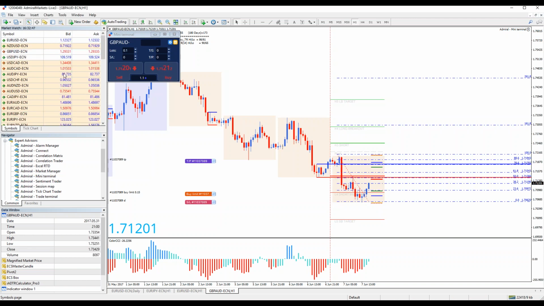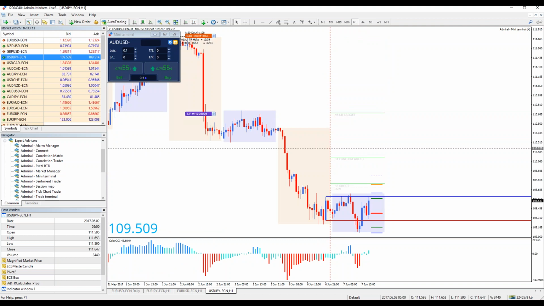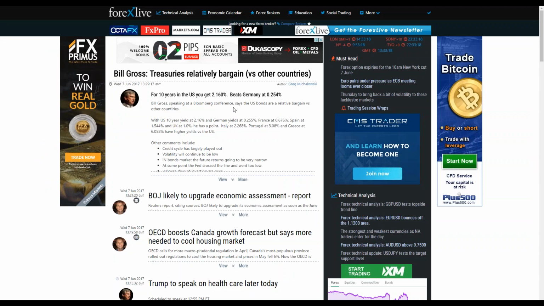And finally, the Australian dollar setup. I will keep it. It needs 14 more pips in order to hit the sell limit, and then we are in a trade. Have in mind that I will keep it overnight until tomorrow. I will protect my profits then. Dollar yen market order, I closed for 5 pips because of the unexpected news.